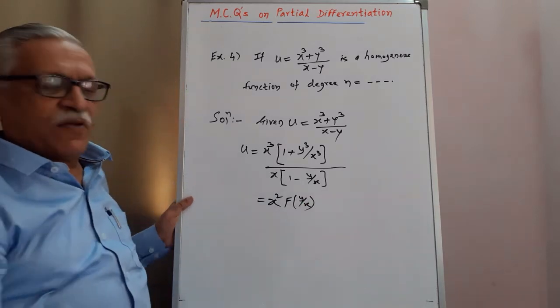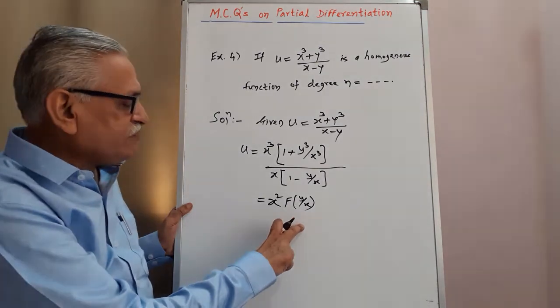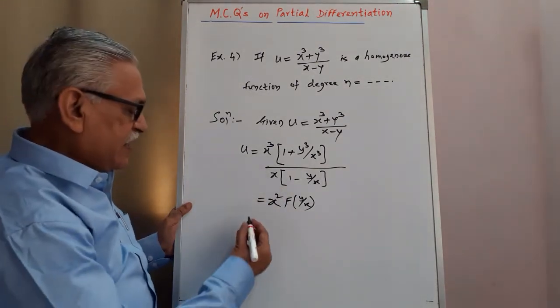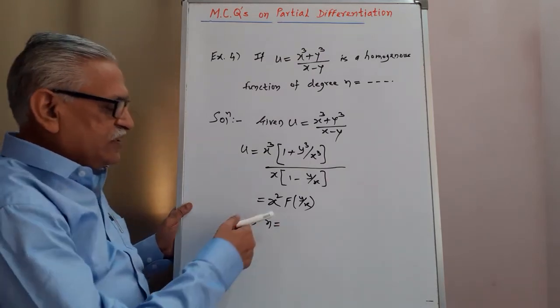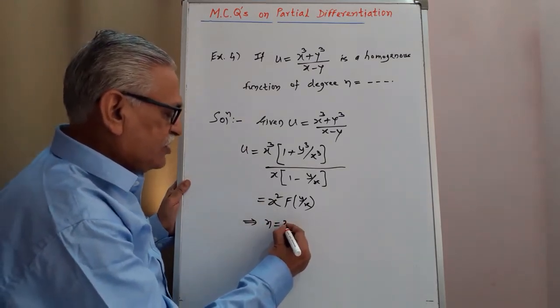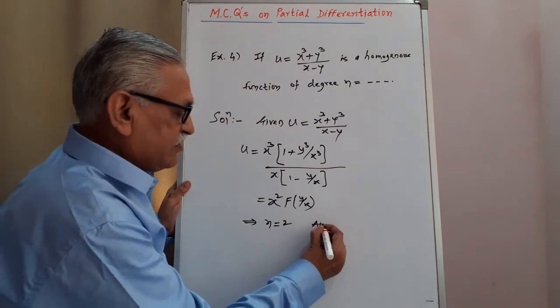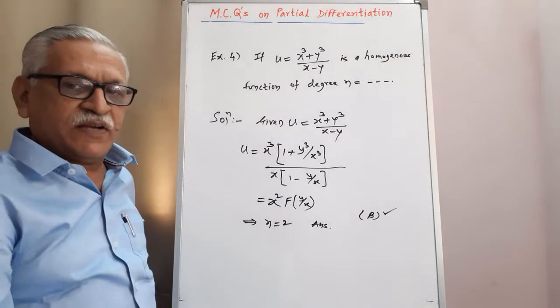Therefore it is a function of y by x. This is the general form of a homogeneous function, x raised to n into f of y by x, and therefore the degree of the homogeneous function is the power of x, and here the power is 2. Therefore we get degree as 2 as the answer. Option B is the correct option out of the 4.